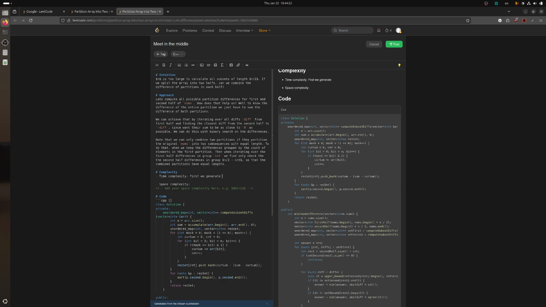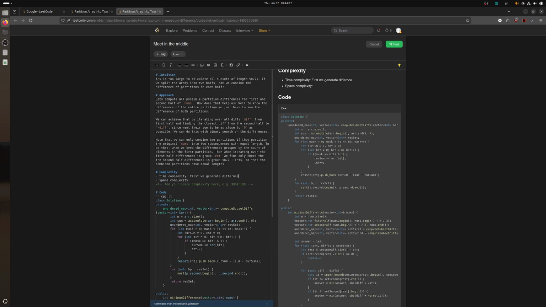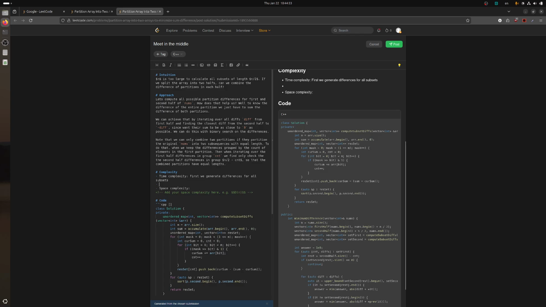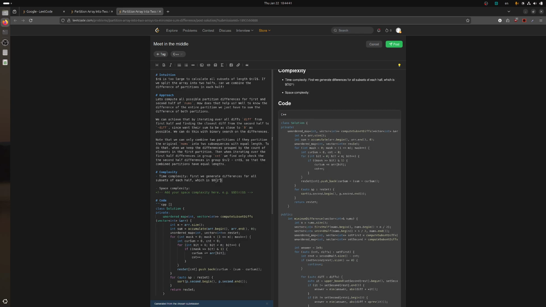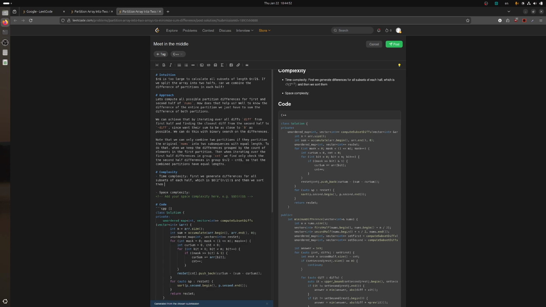First we generate all differences for all subsets of each half, which is O of 2 to the n divided by 2, and then we sort them, which is O of 2 to the n divided by 2 log.